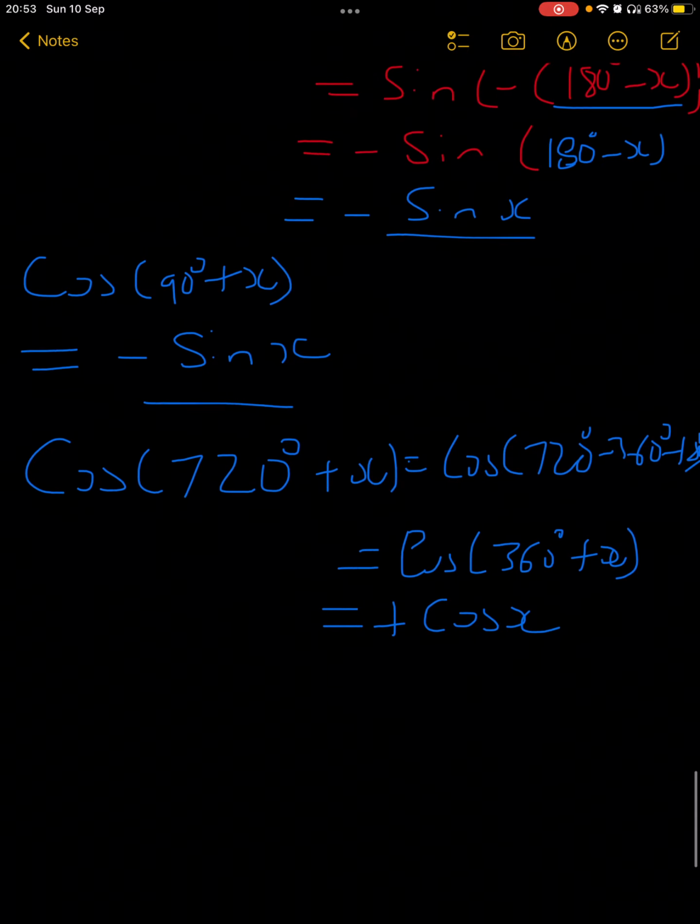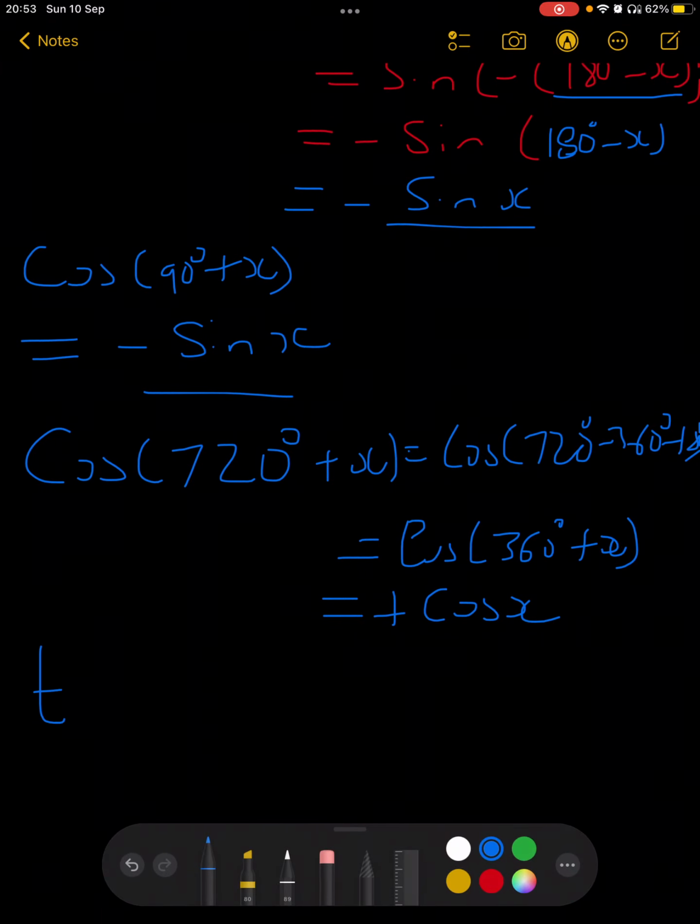Then lastly from our toolbox, it's our tan 315, which can be reduced using the fourth quadrant reduction, which is what?